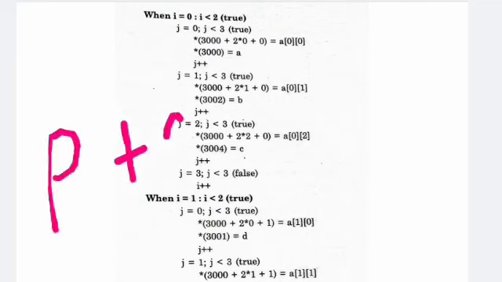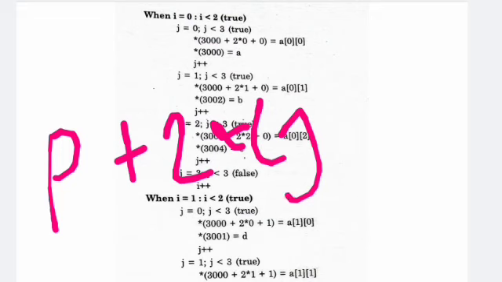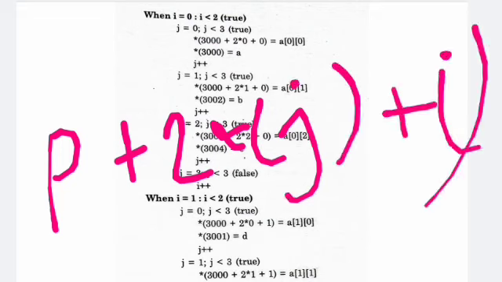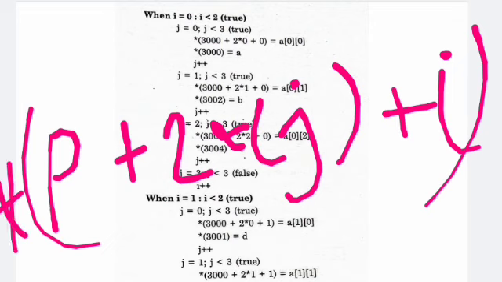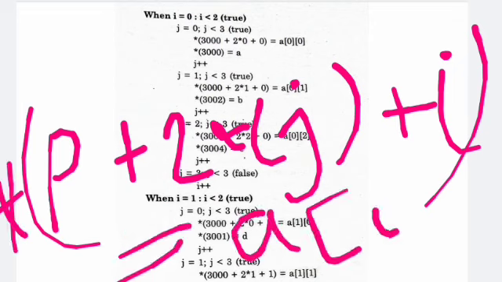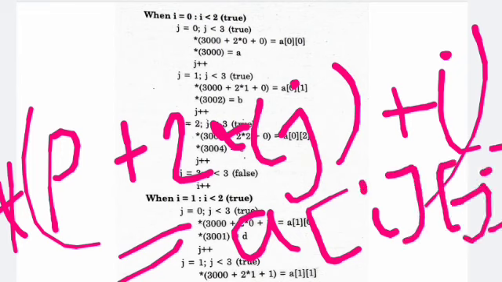So after putting the value, it is like P plus 2j plus i is equal to A[i][j].